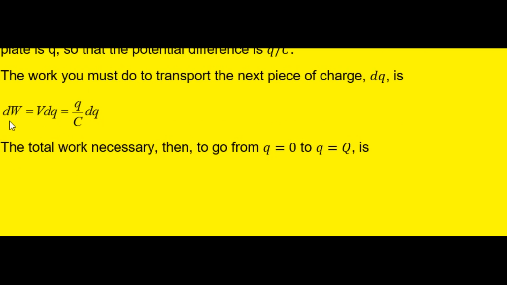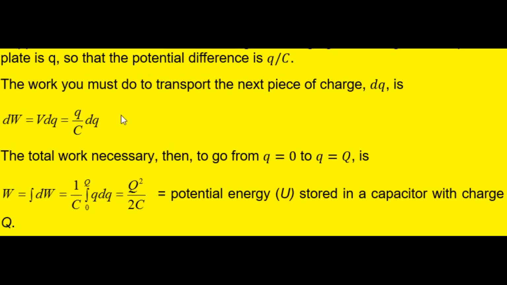It will give the net work done in charging the capacitor by an amount of charge capital Q. W is equal to the integration of dW, from limit 0 to capital Q. The result is Q square upon 2C, which will be equal to the potential energy U stored in a capacitor with charge Q.